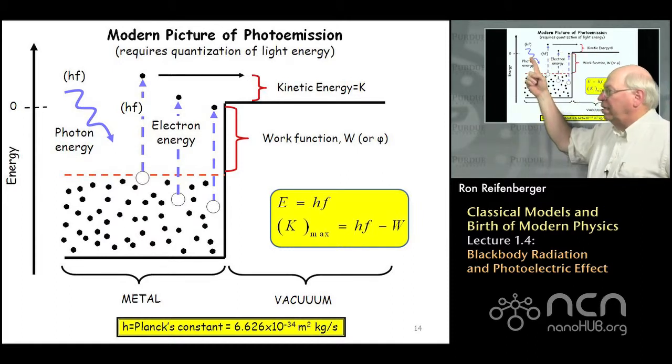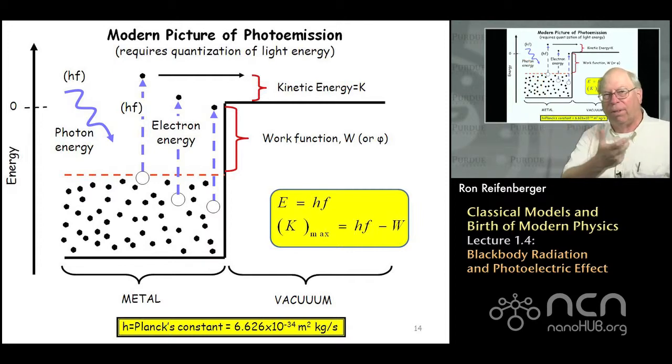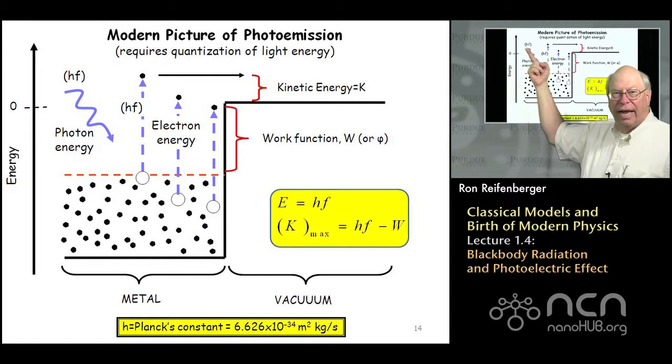What Einstein had to do was hypothesize that the incident light was comprised of photons. These are quantized packets of energy, very similar to the quantized packets of energy that Planck had to assume to explain blackbody radiation. The energy of each photon is equal to Planck's constant h times the frequency f of the photon.